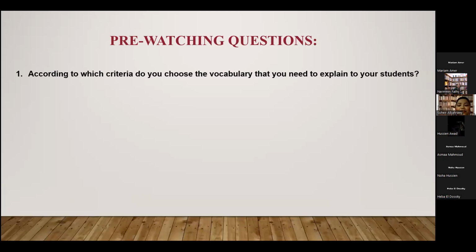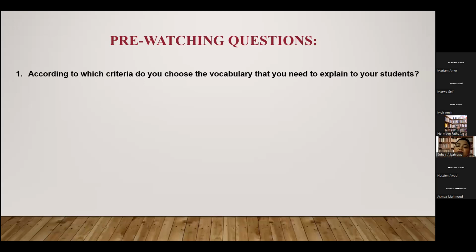We have some answers here. Some say according to familiarity, according to core vocabulary, according to their level, using pictures, the blocking words, according to the text, related to the topic, core concepts given in the text through context.